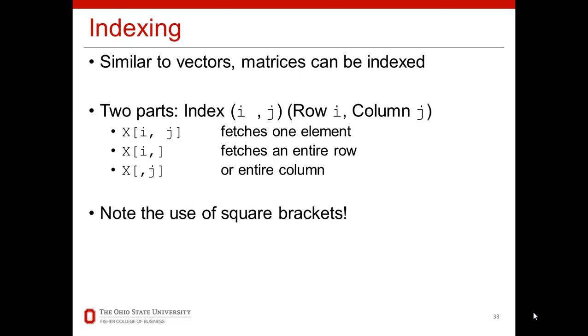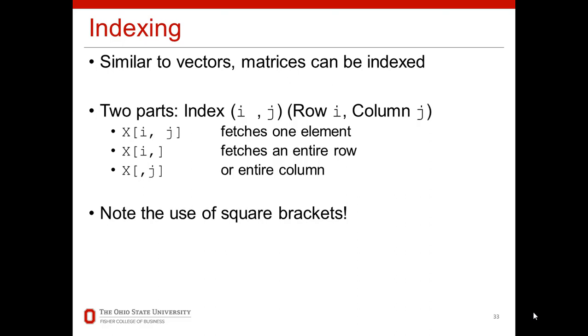How do you index? Say I want to pull out a specific element from that matrix. It's very similar to how you dealt with vectors. You use the square brackets, but this time you have to give it a row and column index to say I want the ith row and the jth column. So if I want the ith row and jth column of the matrix X, we'll do X square bracket i comma j. Now, one of the nice features with R is sometimes you say I want the entire ith row.